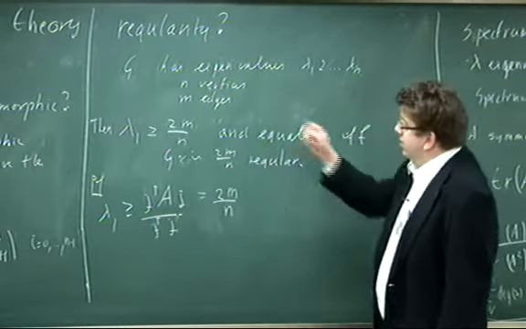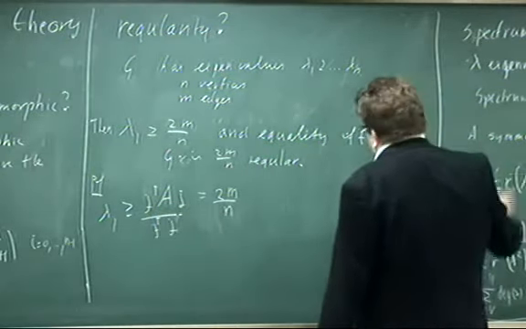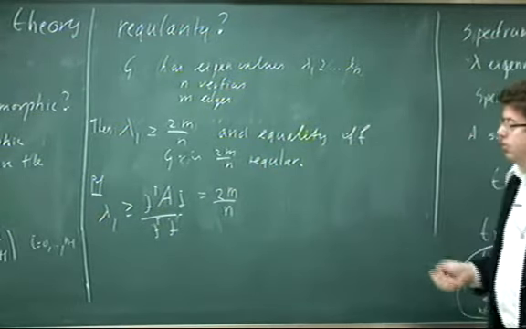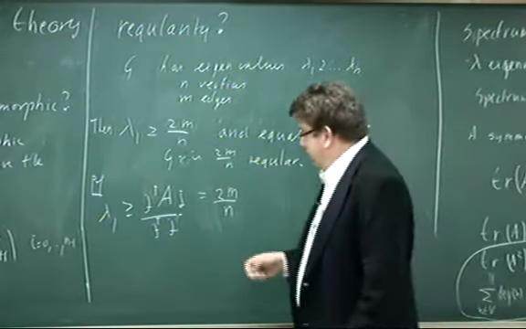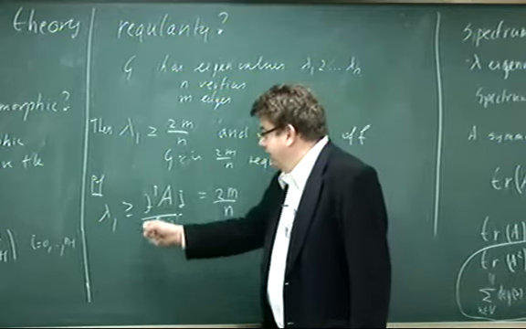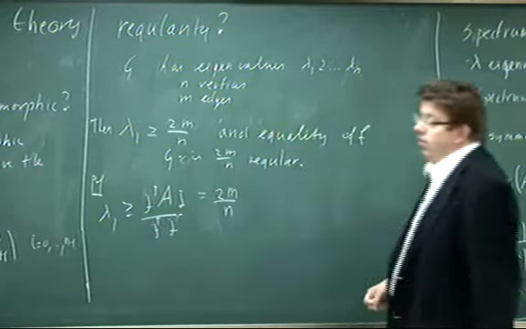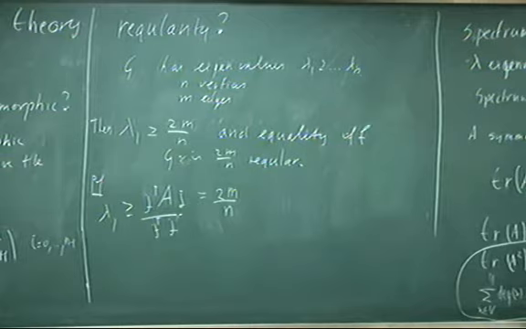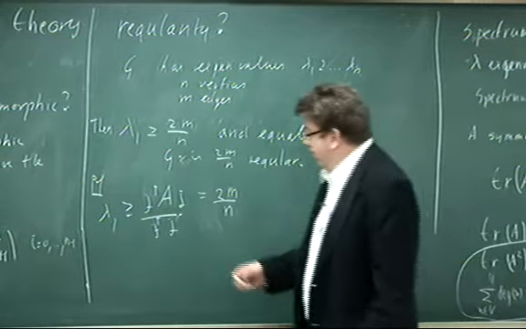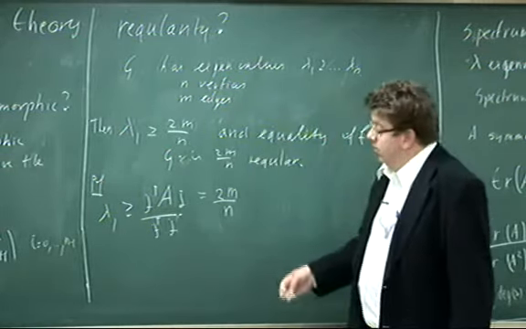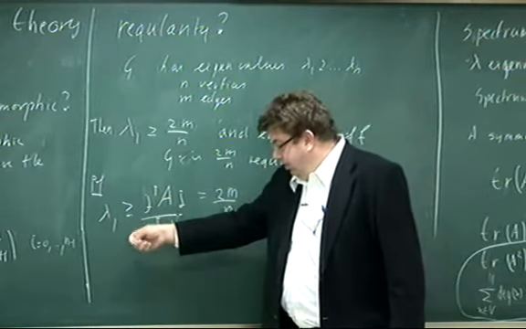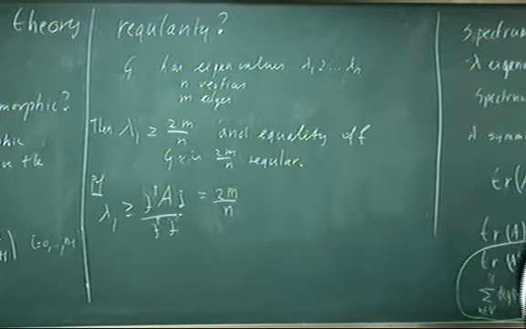I see that easily, because A is symmetric, so it's diagonalizable. So we can get a basis of eigenvectors, even an orthogonal basis of eigenvectors if you really want. Using that, you see this immediately.